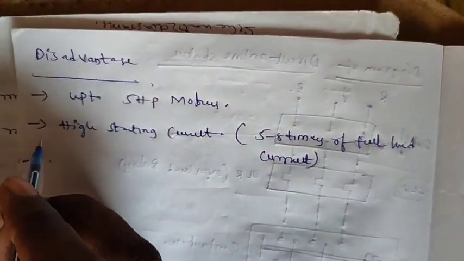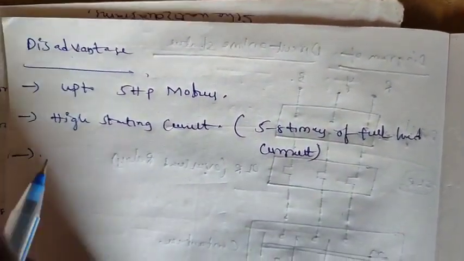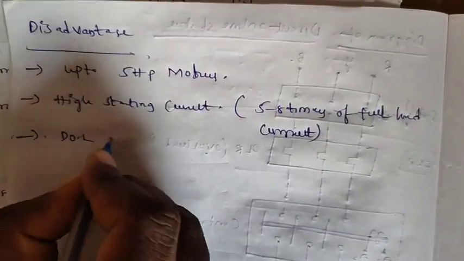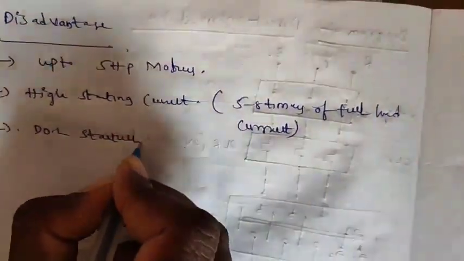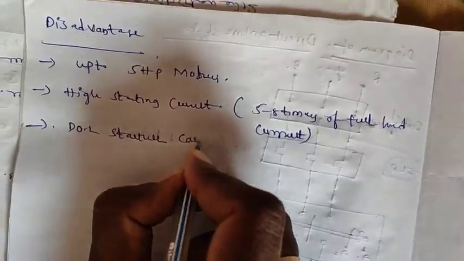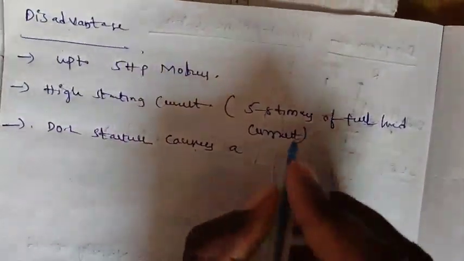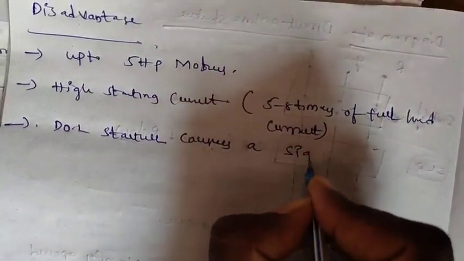The DOL starter causes a significant dip in voltage.